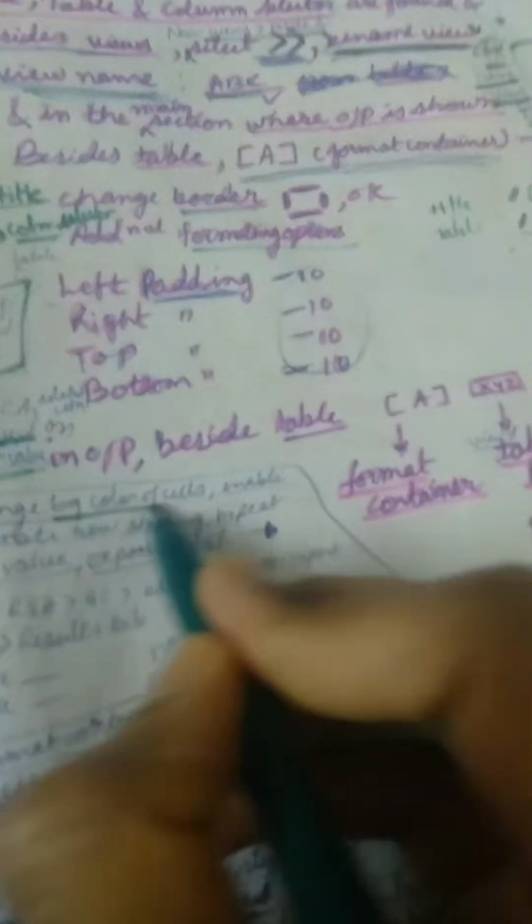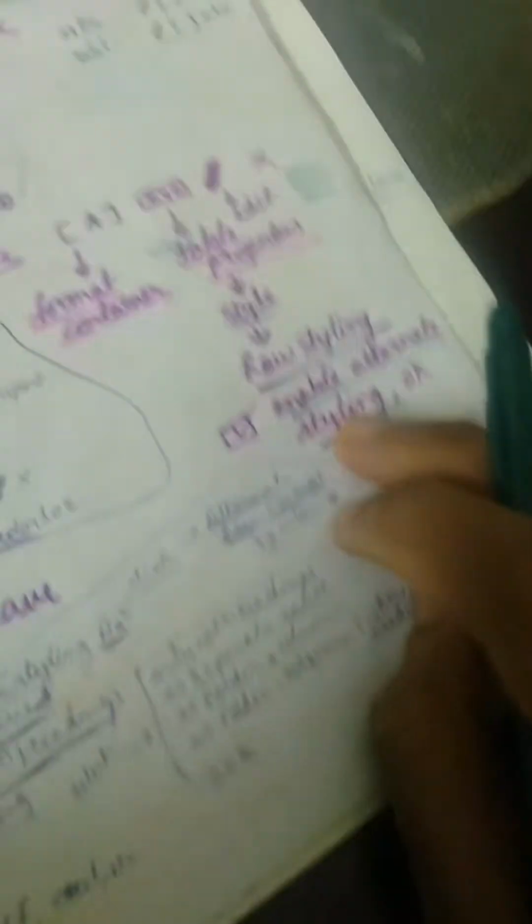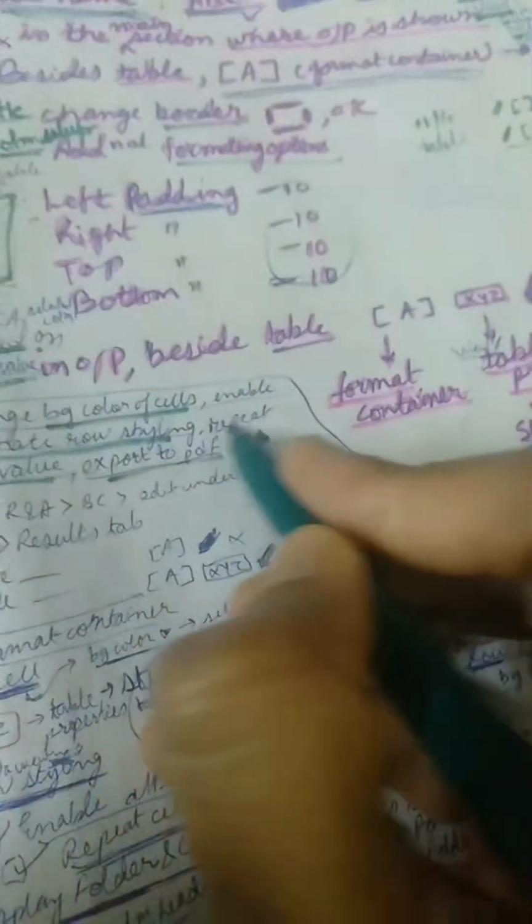Then we can change the background color of the cells. We can enable the alternate row styling. This I have shown. We can repeat the column values. We can export to PDF. I'll show how to do it.